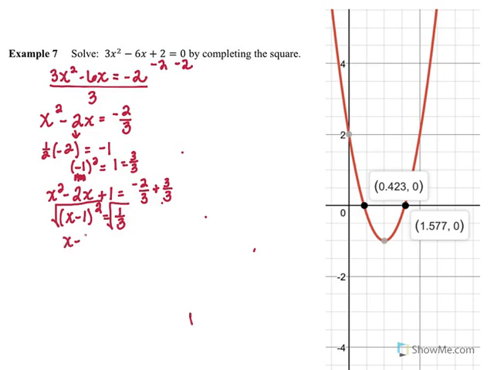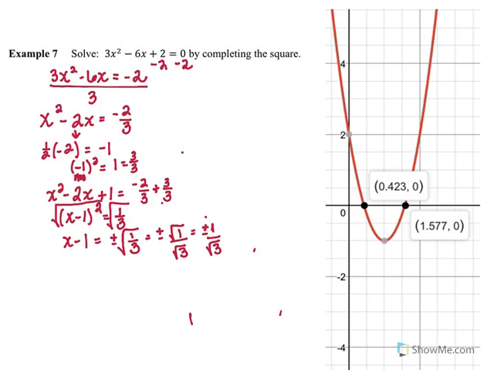So I now have x minus 1 equals plus or minus the square root of 1/3. I know that this is the same as plus or minus the square root of 1 over the square root of 3. I know the square root of 1 is 1, so this is plus or minus 1 over the square root of 3.